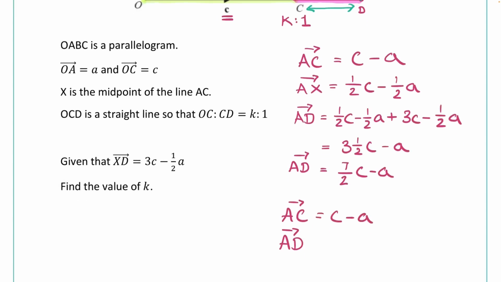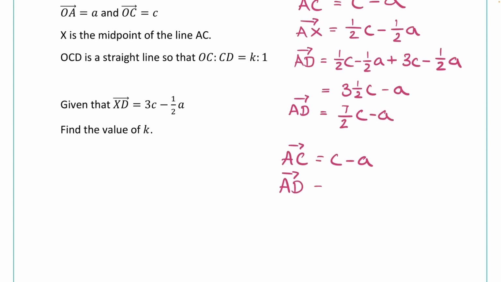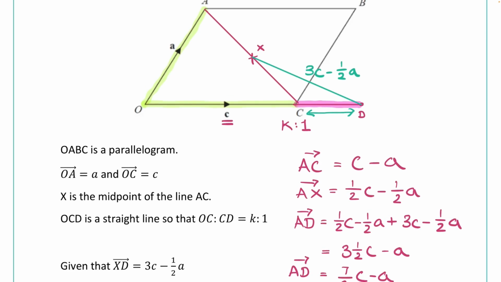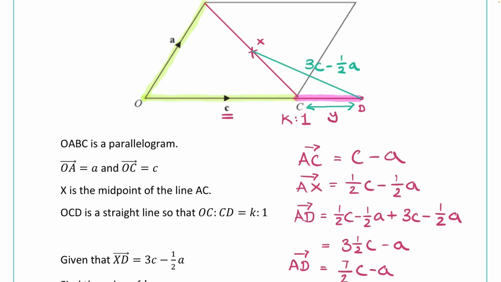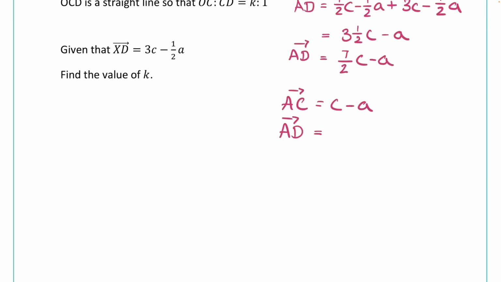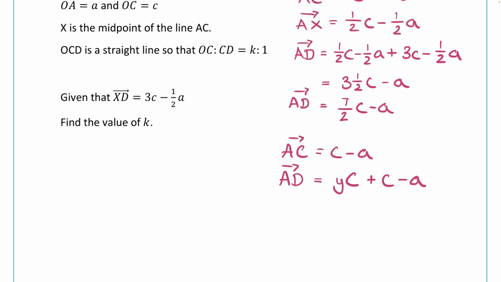What's the length of that line? So A to D is, and let's pick a letter for this, let's just call it Y, as we already have every other letter. We've got the X as well, we've got the K in the ratio, so we don't want to confuse the letters. So we have Y lots of C plus C minus A, and that is the overall little vector.